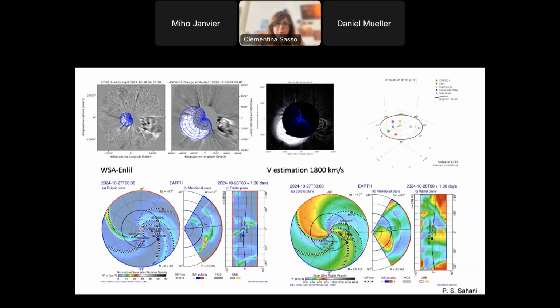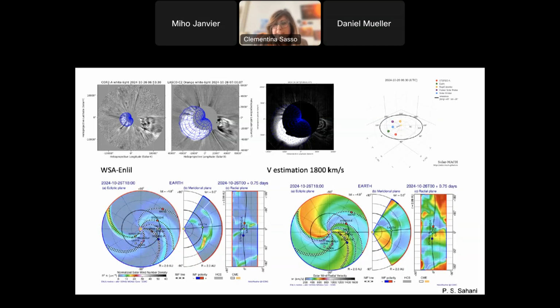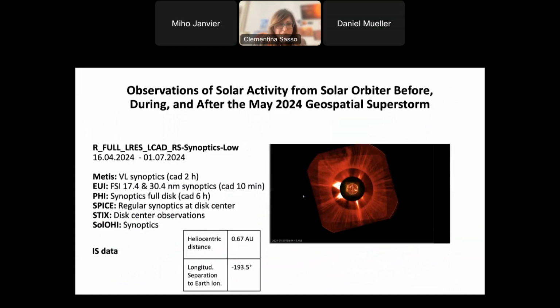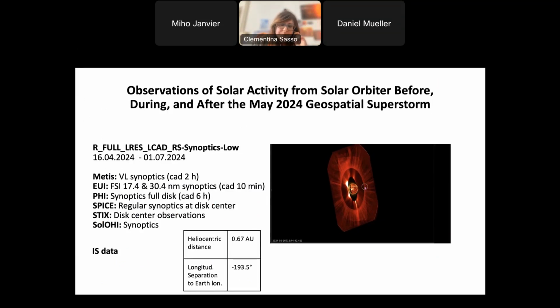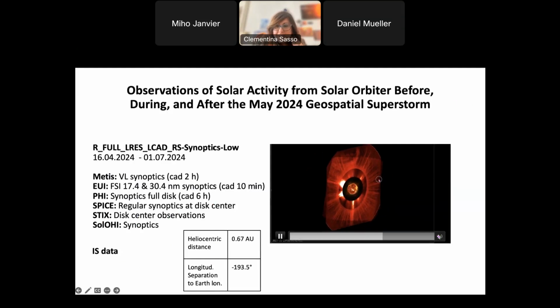So we are also working on space weather related activity, and I will be very, very fast on this. So we also contributed with Metis to the May 2024 super solar storm that was observed.